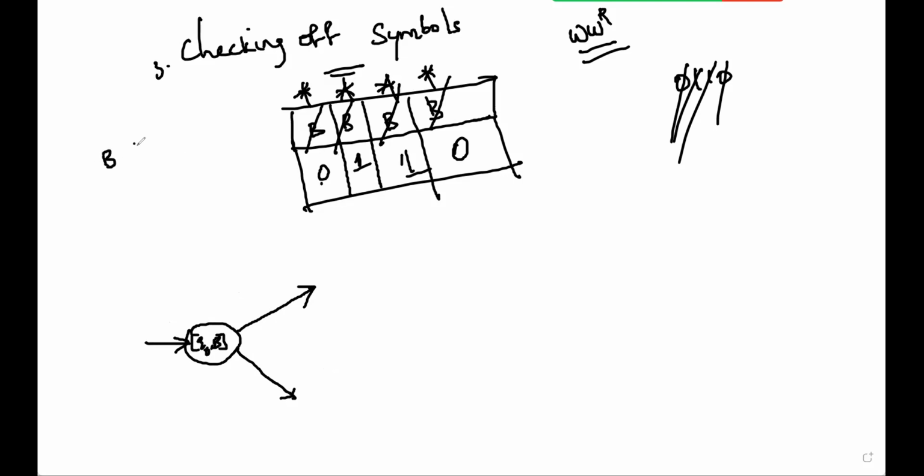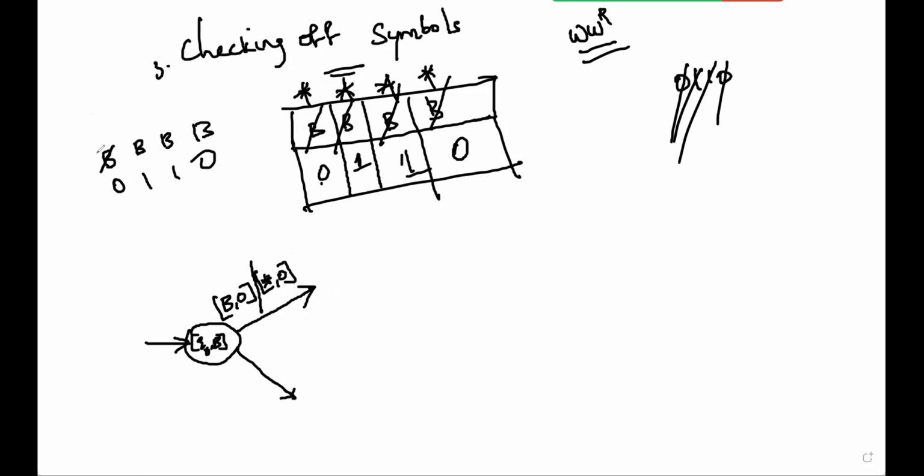So blank, blank, blank, blank. This is 0, 1, 1, 0. So your value is blank comma 0. The two tracks can be represented like this, blank comma 0. Change that blank comma 0 to star comma 0. Correct. So I will put it as star comma 0.